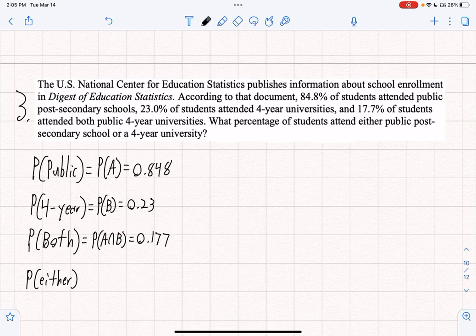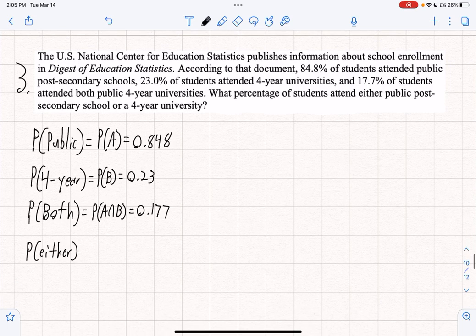So what percentage of students attend either public or a 4-year university? So the probability of either. So this would be the probability of public or 4-year, so the probability of A or B. So let me first write this using our notation.